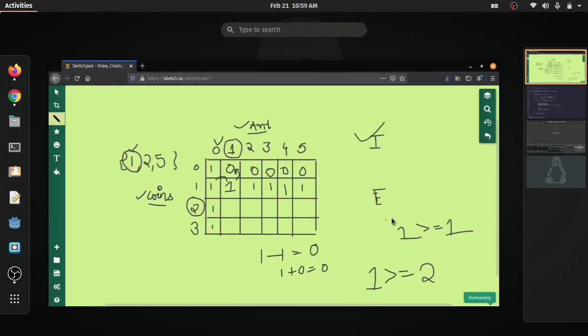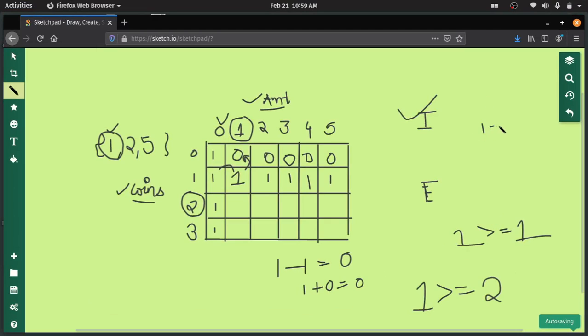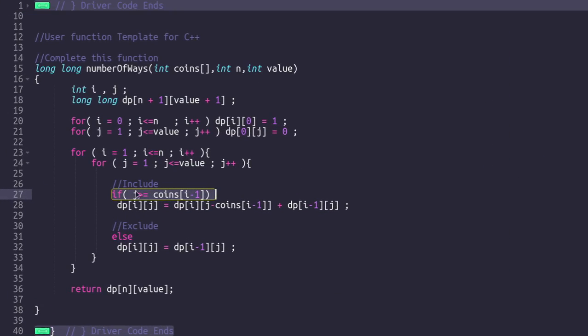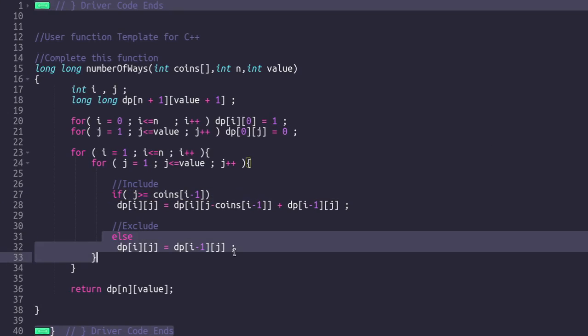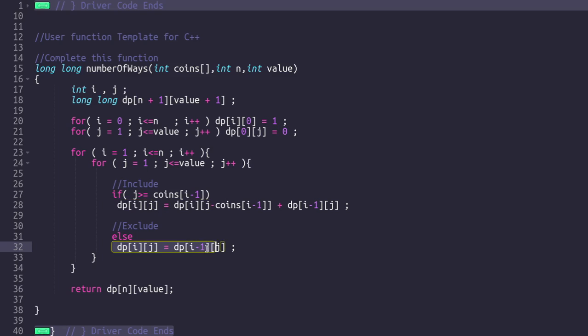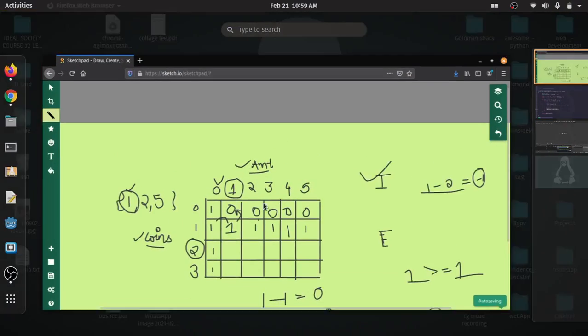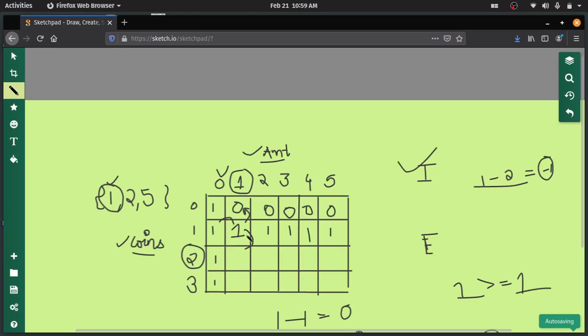This means that we can't include the coin, because if we include the coin 2, that is going to give me -1, which is not an answer. So we are going to exclude this coin, isn't it? So we check the condition, it is false, then we exclude the coin and move one row up. This means that when we exclude the coin, we move one row up and fill its value. So there is one possible way of making amount 1 even though we have two coins with us, 1 and 2. There is only one possible way.